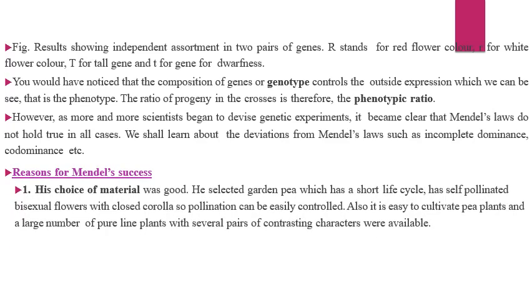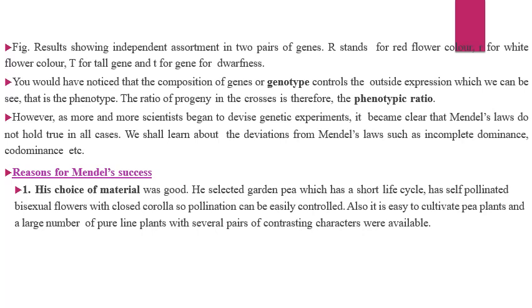Reasons for Mendel's success. His choice of material was good. He selected the garden pea, which has a short life cycle and self-pollinated bisexual flowers with a closed corolla, so pollination can be easily controlled.